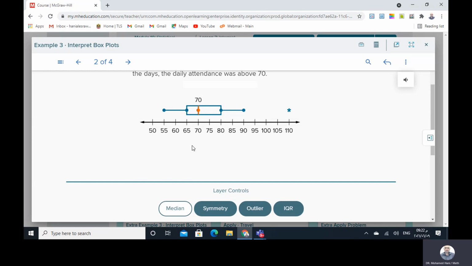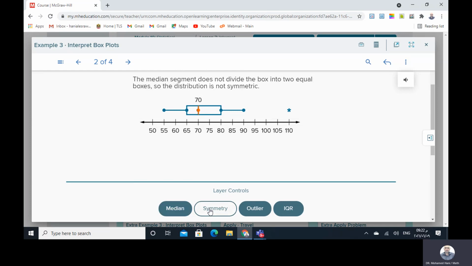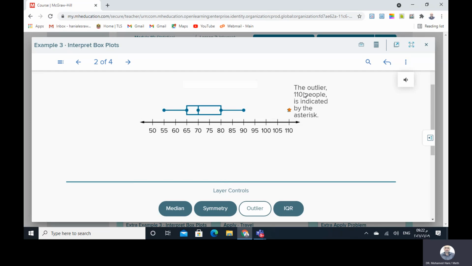Is it symmetric or not? The median segment doesn't divide the box into two equal parts, so the distribution is not symmetric, because the distance here is different from the distance here. The outlier, yes, we have it here: 110 people, indicated by the asterisk.